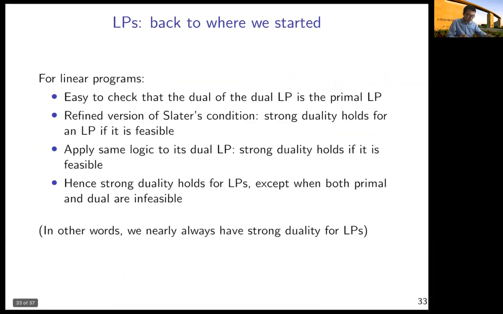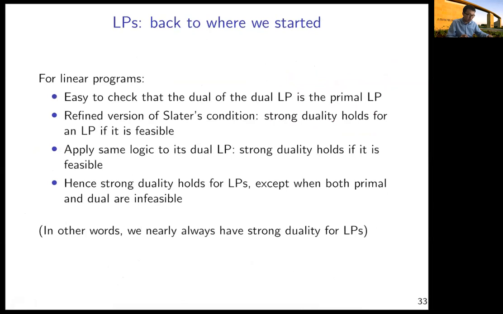Okay, so Slater's condition, especially its refinement, tells us something about linear programs. Notice that when the constraints are affine, whether they are inequality constraints, you do not actually need a solution to be in the strict interior.